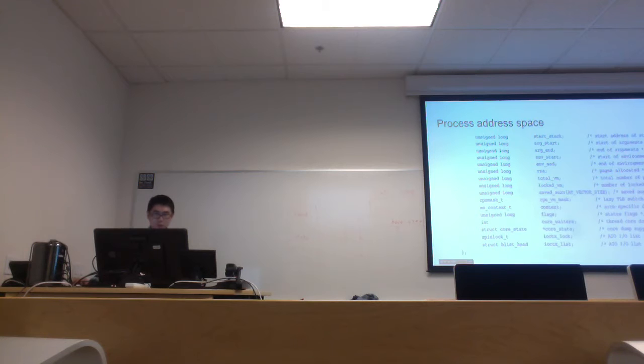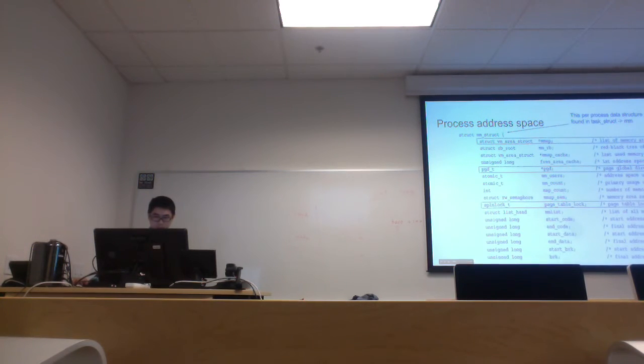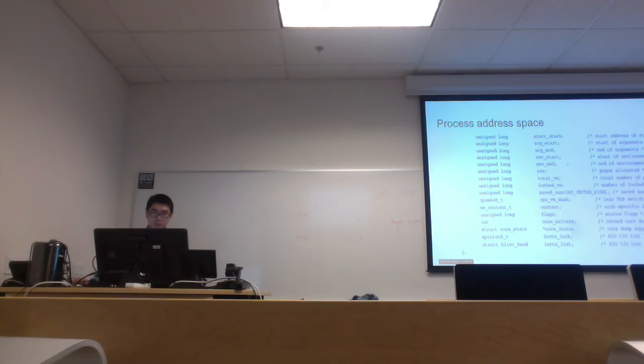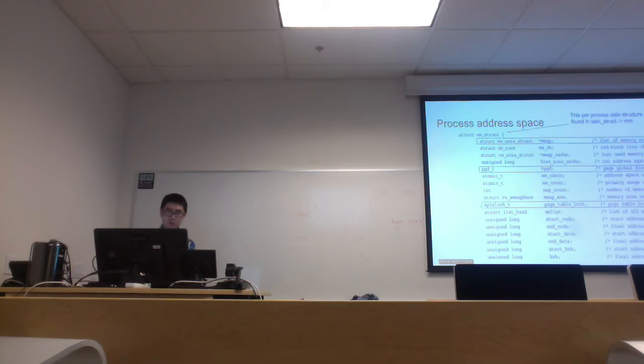Also, the process address space contains some common values to denote where the code segment starts, where the data segment starts, and the BSS, block started by symbol, which holds uninitialized global variables, and also the arguments and environment. This is a very simplified version of the struct. If you go through the kernel, this is a huge struct.